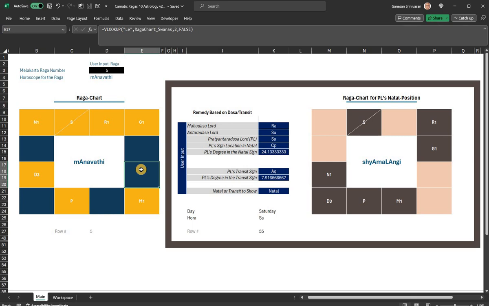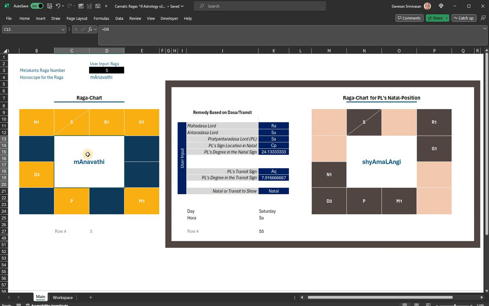Of course, based upon your astrological study, you might come across a person who is in fact suffering in the fourth and the seventh and the fifth as well, or sometimes not everything, at least some of them. So that is left to you to choose in which areas, which bhavas the person is suffering from, and accordingly give a raga chart and give the remedies of the raga.